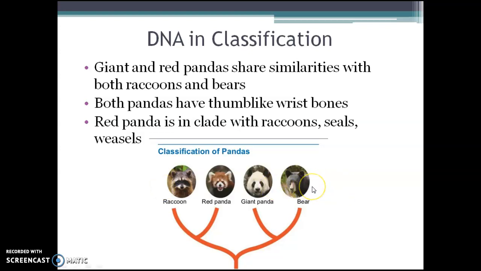Bears have a very widely ranged diet from plant life to meat, where giant pandas are pretty much a specialist in terms of how they eat. They eat a lot of bamboo and stuff. So, here we can look at some other things besides appearance to help us try to understand how things are related.